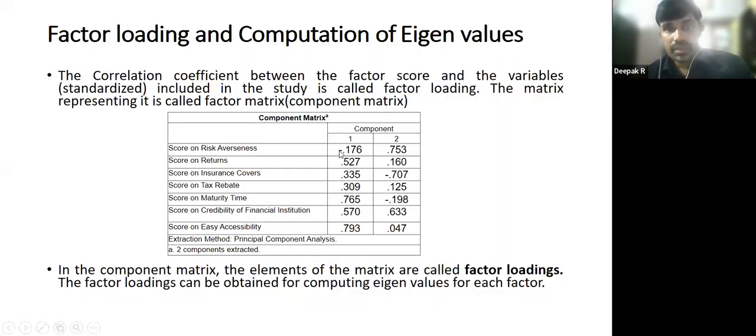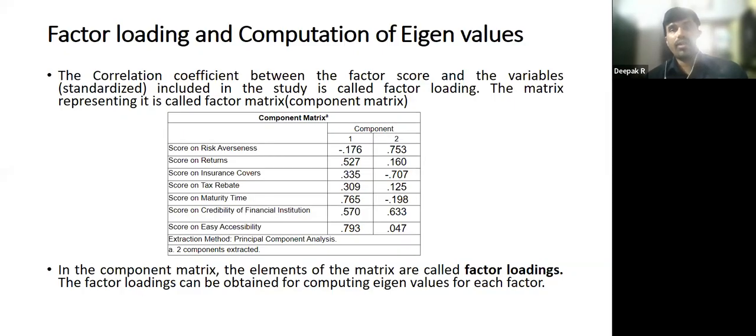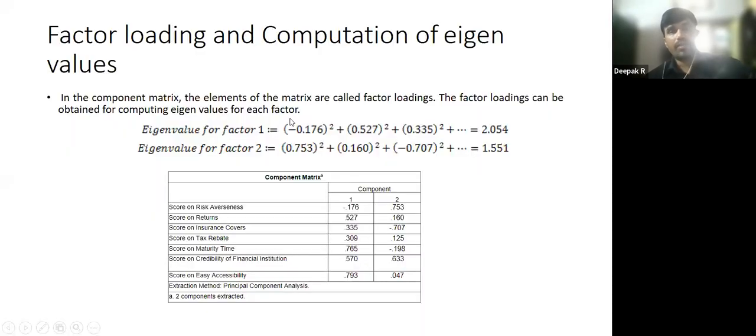Okay, so once we have the component matrix, in terms of the factor loadings, we will use it for calculating the eigenvalue. With this, we will be able to decide on the number of factors. We'll go for the Kaiser-Guttman methodology.